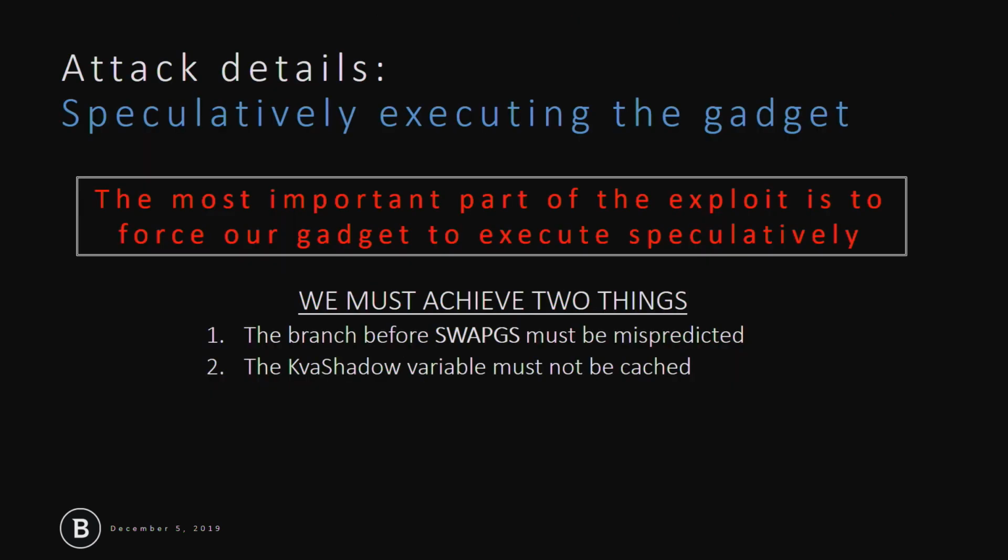Okay, so this is the special part of our attack, the way that we used the kernel value as an address in order to infer its value. But of course, the attack involved more engineering than this. The two most important aspects of successfully mounting such an attack are that the branch before the SWAPGS instruction must be mispredicted somehow, and that the KVA shadow variable, which is tested before the branch, must not be cached.